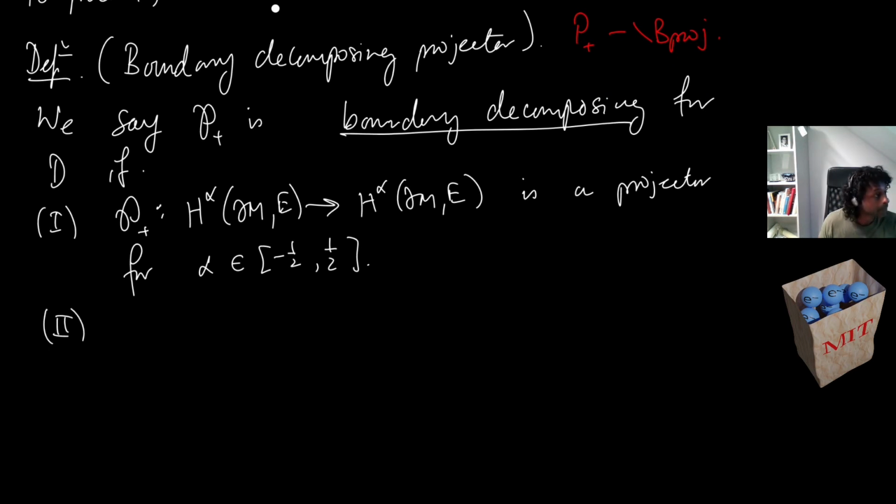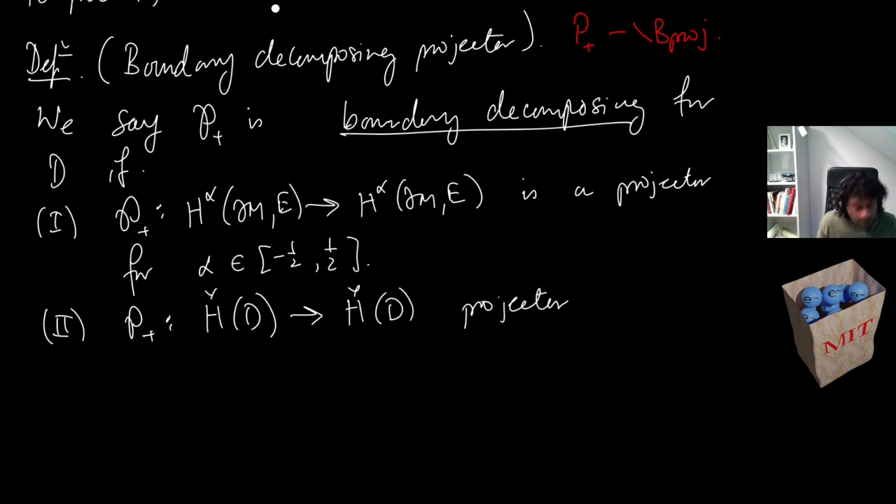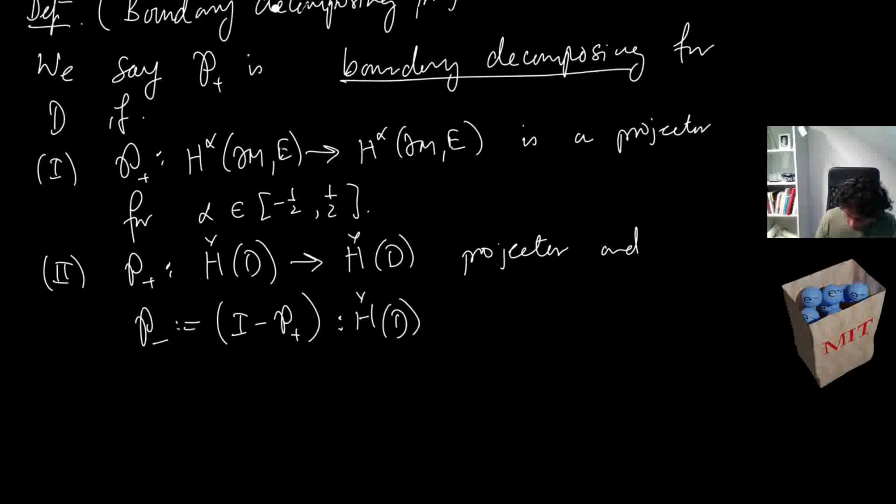Number 2, P plus takes us from the check space of D. It is a projector on the check space. And we want the P minus to be defined as 1 minus P plus, and the range of this is going to be in H1/2 of here.